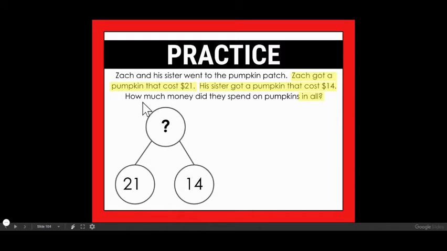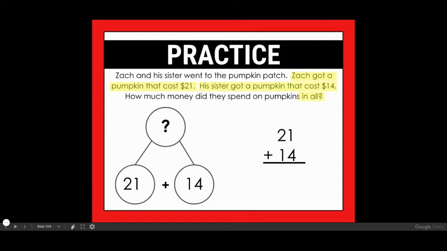And let's look back at my question. How much money did they spend on pumpkins in all? There's my key words "in all" that's telling me that I'm going to need to use addition. And I also know that when I have my 2 parts, I need to add to find my whole. So my number sentence is 21 plus 14.